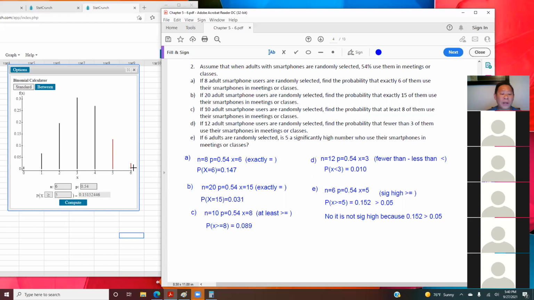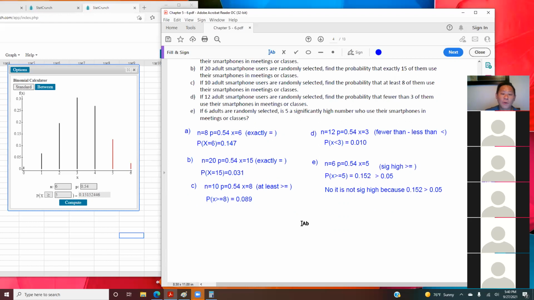They add the two red ones and it comes to 0.152. Since that is higher than 0.05, it's not significantly high in this case. I know it's very tricky. A lot of students get a bit confused on this one. Questions?